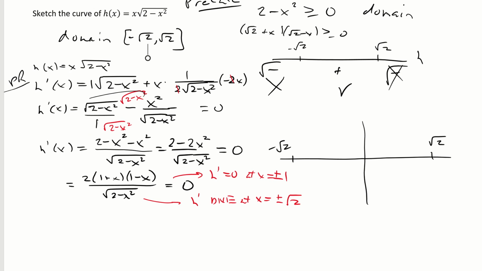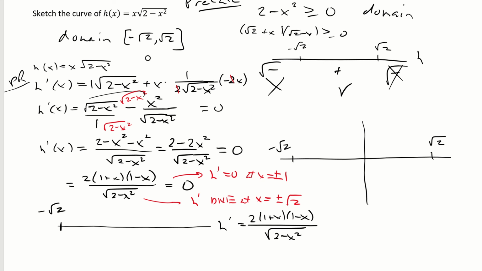Okay, that's helpful. So what we do next is, as usual, we take a look at the sign of the derivative, which in our case I'll write as 2, 1 plus x, 1 minus x, all over this radical 2 minus x squared. So we know we have to stop at minus radical 2. Don't go beyond that. It's not defined, and we know we stop at radical 2.